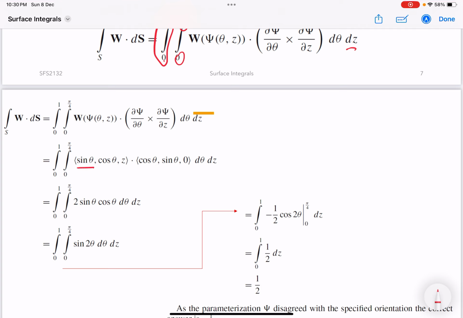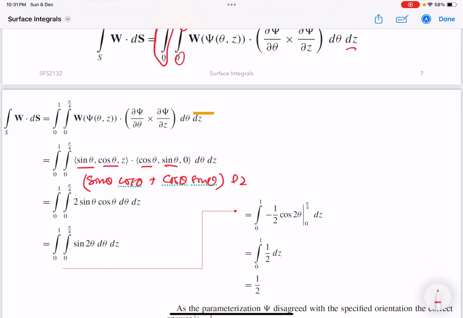First, sine times cos. We get sine squared, sine theta cos theta, cos theta sine theta. So again, this is plus. So you have sine theta cos theta plus sine theta cos theta, and then that's it, dz.